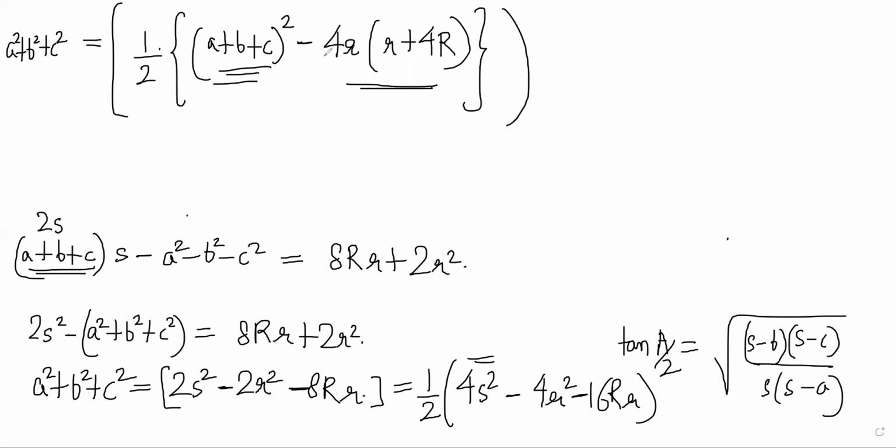We have to prove that a square plus b square plus c square is equal to this. So ultimately, we have to prove that this is equal to a square plus b square plus c square, minus something by 2.